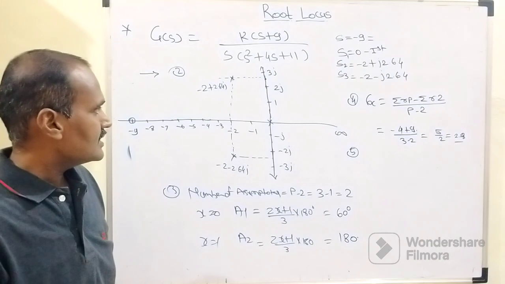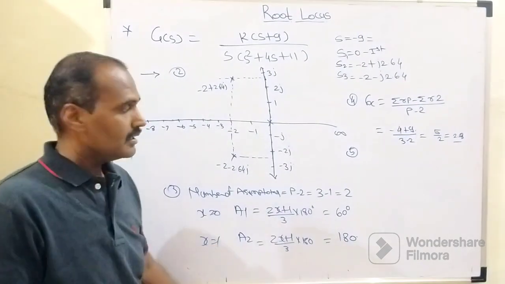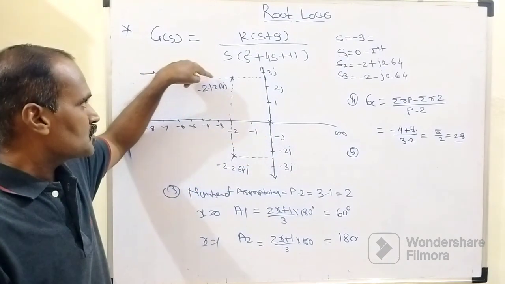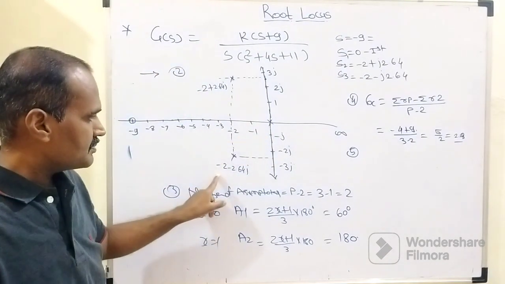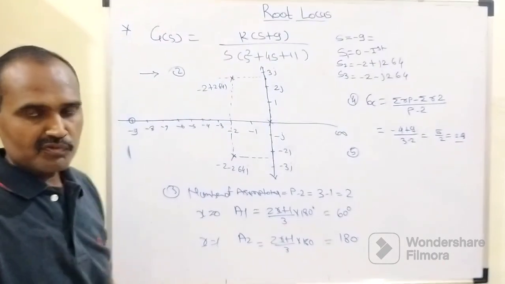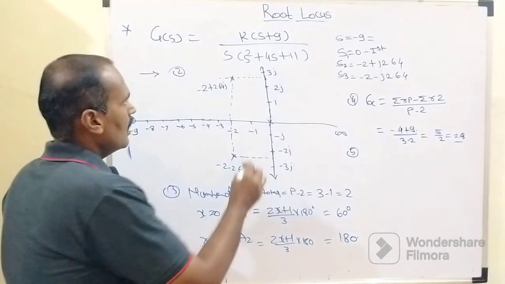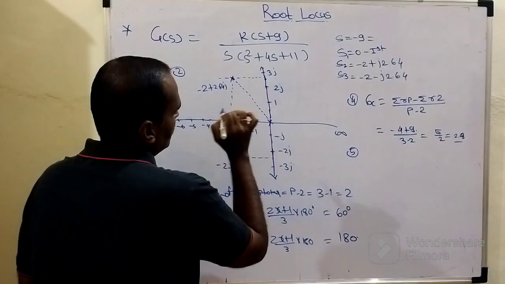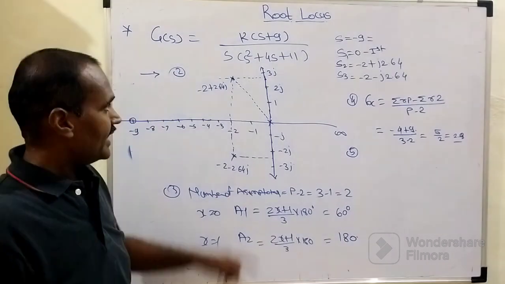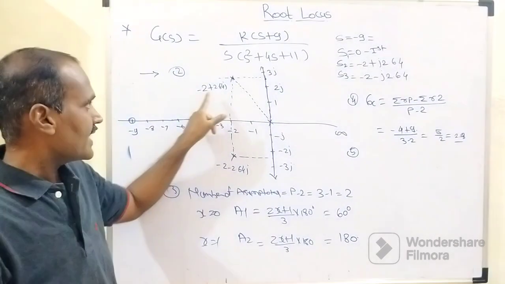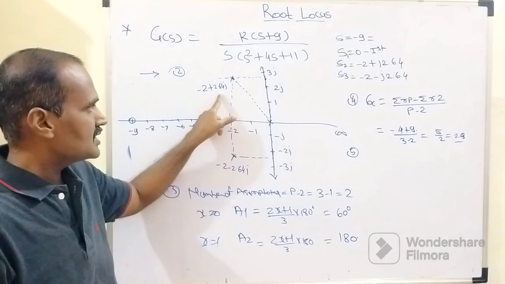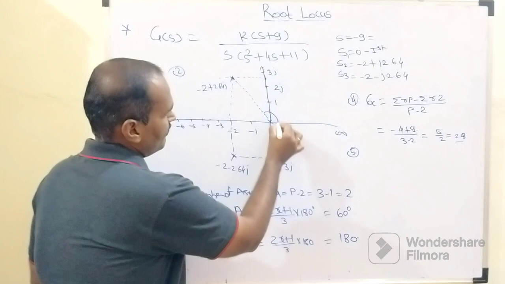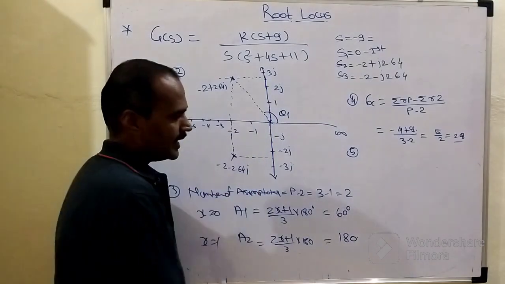In order to determine this angle of departure, as I told you earlier, the first pole is present at the origin, the second pole is present at -2 plus 2.64j, and the third pole is present at -2 minus 2.64j. First of all, we need to interconnect all these poles and zeros with each other like this. The angle made by the pole at -2 plus 2.64j with respect to the pole located at the origin can be called phi 1, right?